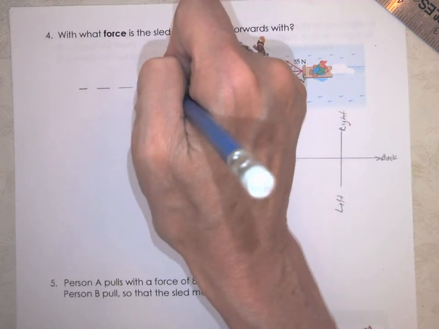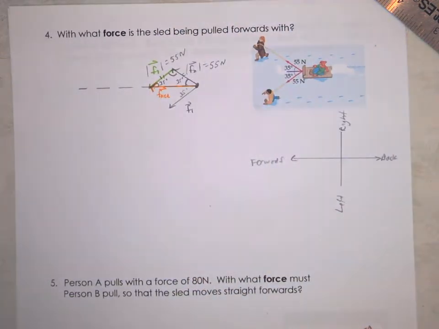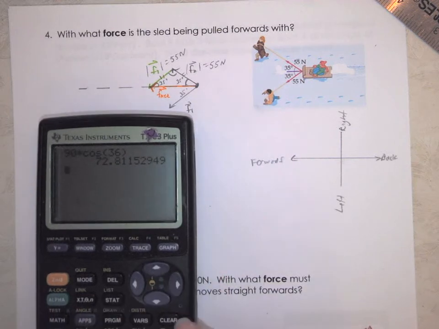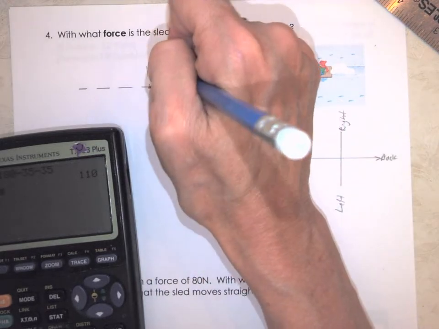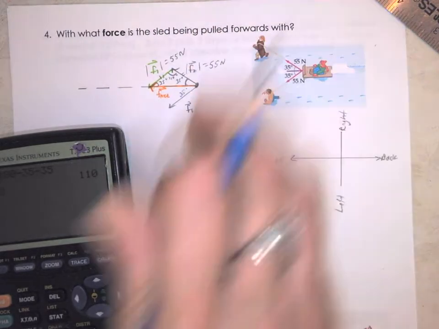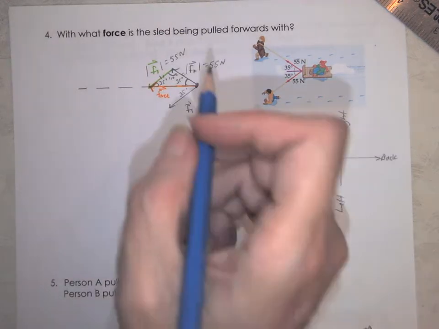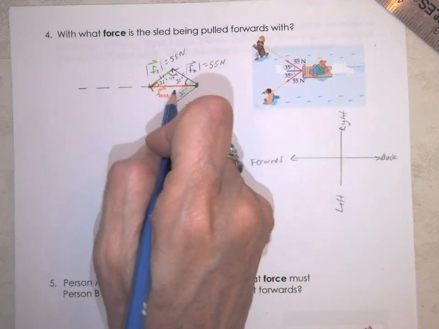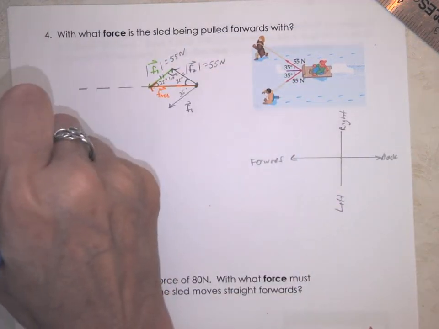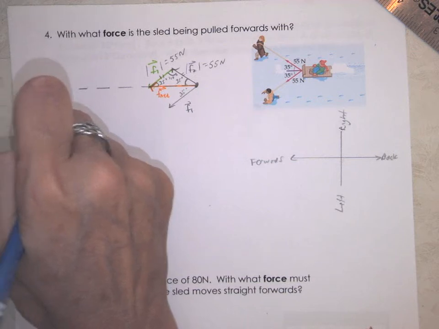This is also 35 degrees. And this angle up here, so we'll know all three angles, is going to be 180 minus 35 minus 35, which is 110. So because we know all three angles, we can use the sine law. Okay, so we can find the magnitude of F net using the sine law.